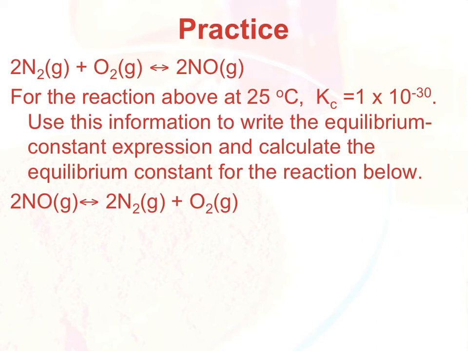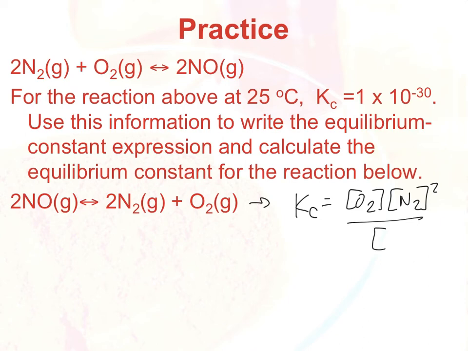What I want you to notice is that this is actually the reverse of the reaction presented above. So let's first write our equilibrium constant expression. For this reaction, Kc is going to be equal to the concentration of O2 times the concentration of N2 squared, divided by NO squared. So that's our equilibrium expression.